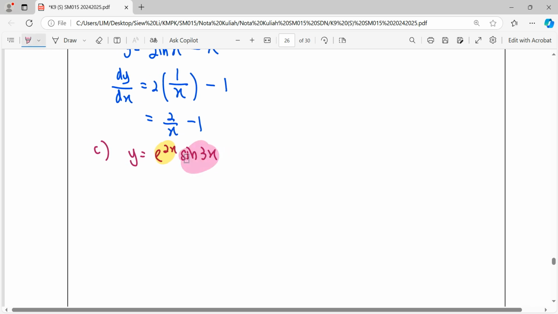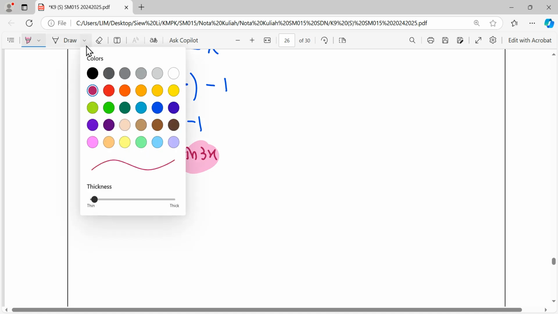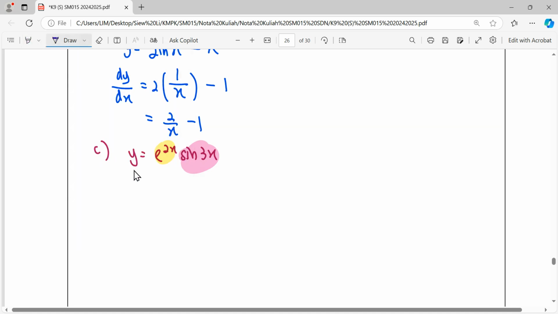So when two functions are multiplied together, we are going to use the product rule to differentiate this, dy over dx. Using the product rule, it will be copy the front, differentiate the back, then plus copy the back function, differentiate the front function.